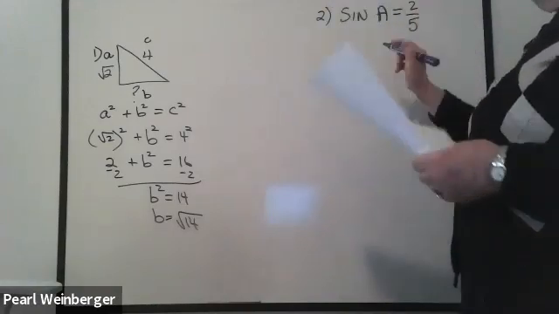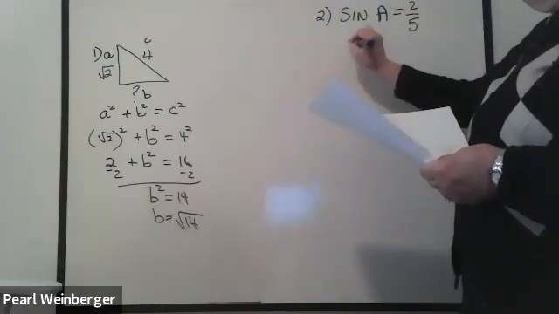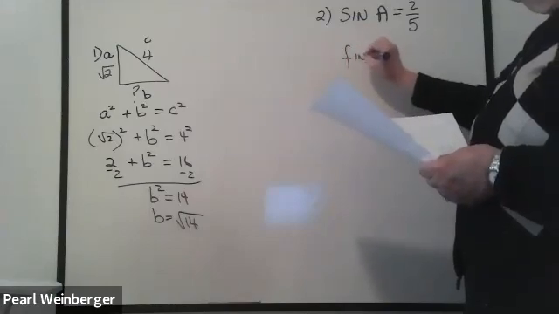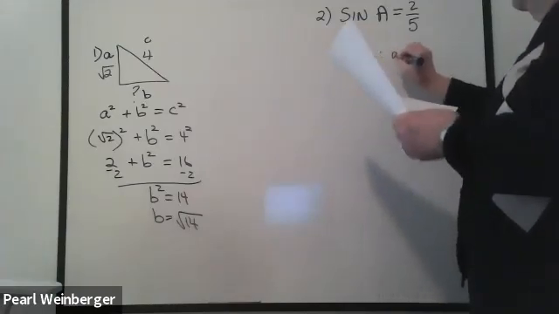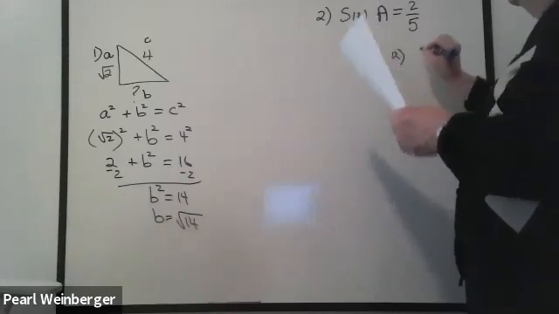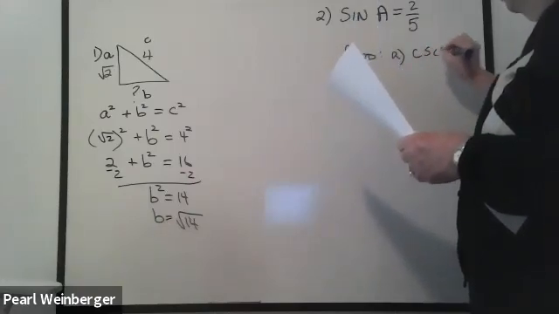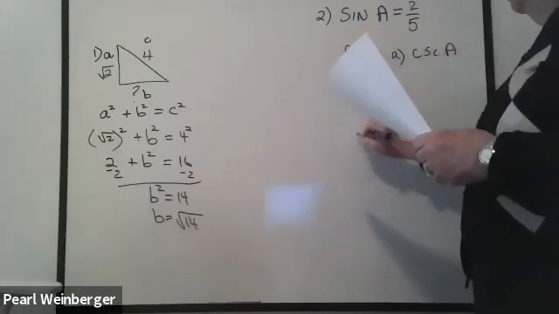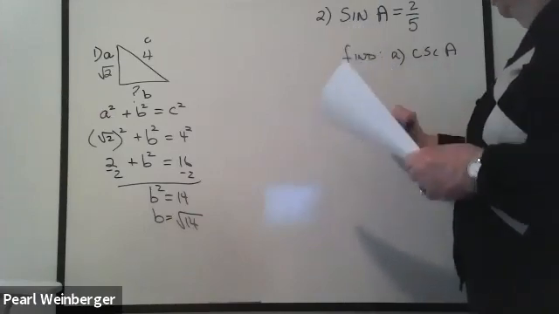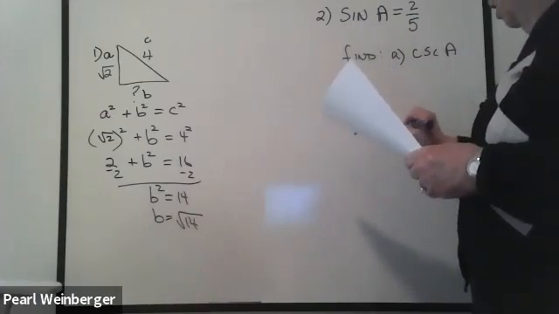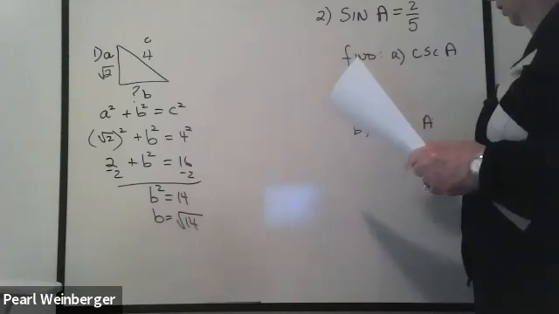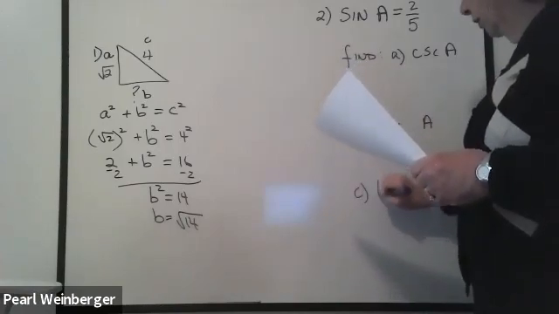And I want you to find the following things. A, I want you to find the cosecant of A. B, I want you to find the secant of A. And C, I want you to find the tangent of A.